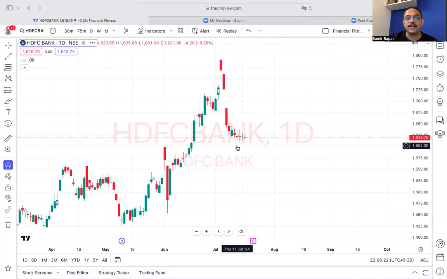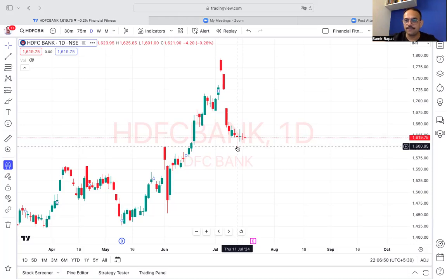It is most important at the support level. What is the support level? Where in past the price had bounced. So two things we have learned: longer lower wick, support level. Correct? Important. Second is bullish candle at the support level is more powerful, higher probability of success.